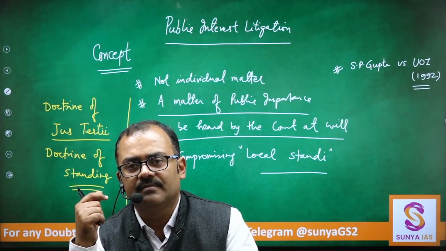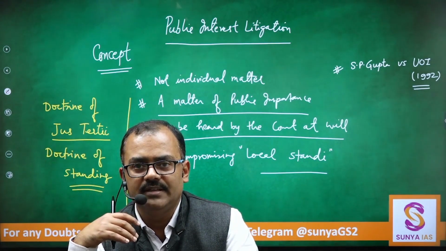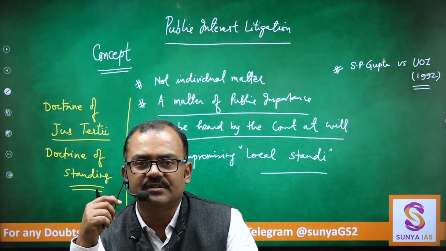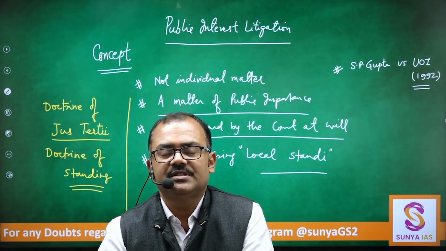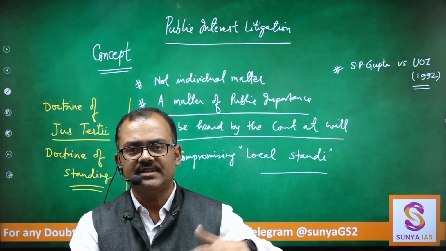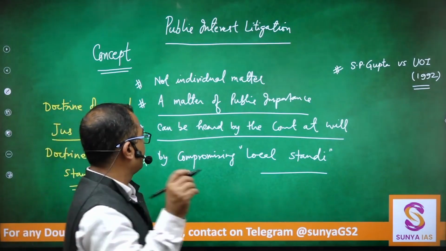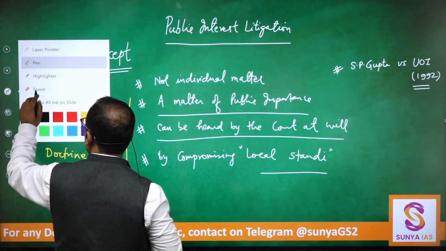So the victim may be family. Suppose a person is injured, the father approaches, sister approaches, brother approaches, a family member approaches. So who are you? What is your standi? What is locus standi? Sorry, I have to make a correction here.